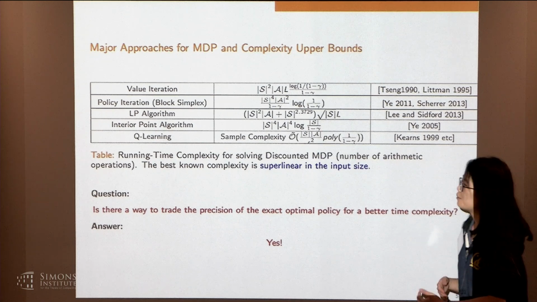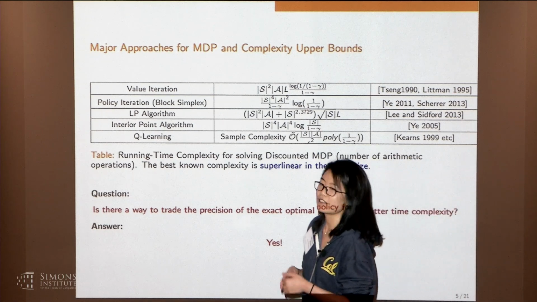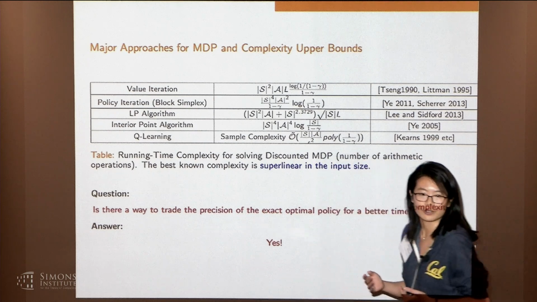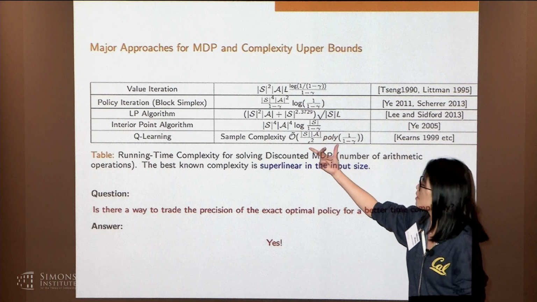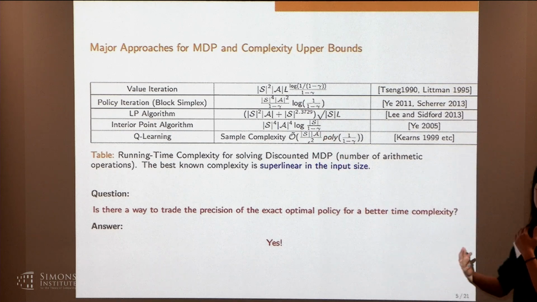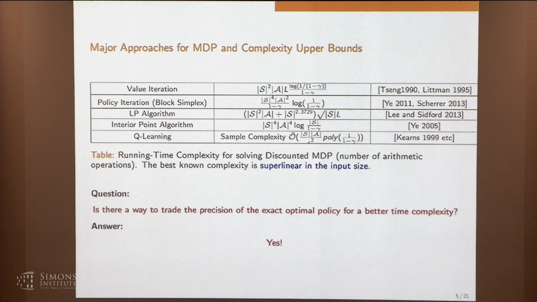Q-learning is essentially a randomized version of value iteration, and by using Q-learning, it's possible to get a better sample complexity. But it's not clear how we can push this into a faster runtime complexity.